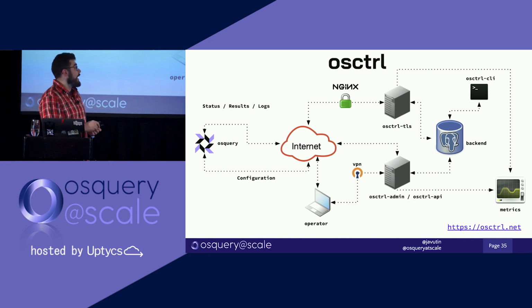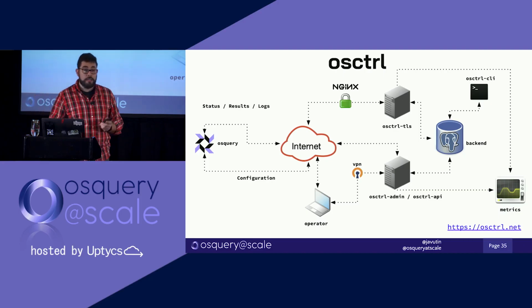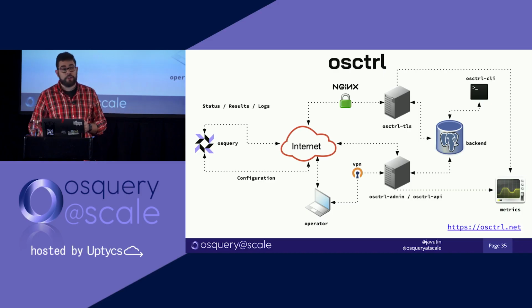Then you have the OS Control admin or API, which allows you to both administer OS Control and build tools on top of the OS Control API. Again, tomorrow in the Go Query talk, you're going to see how you can leverage a proper API, and then it will just generate proper metrics. You will use a backend for synchronization, and it has its own CLI.